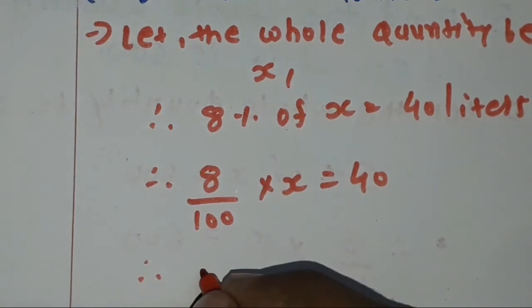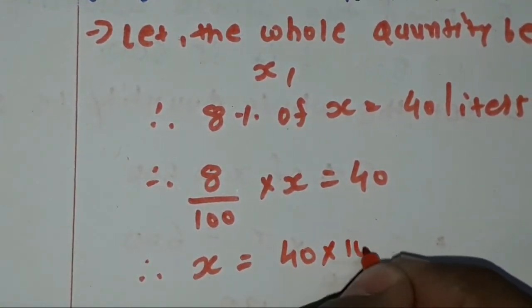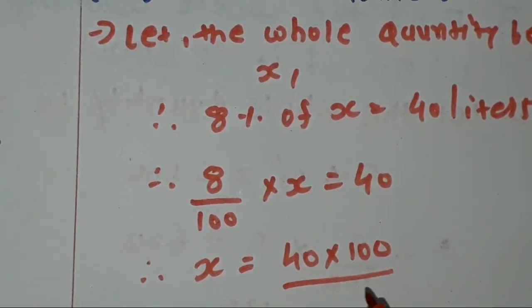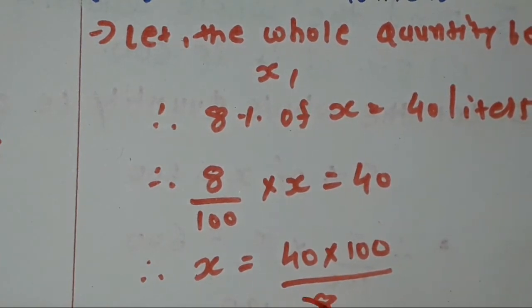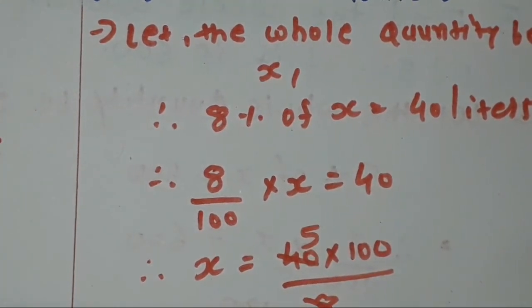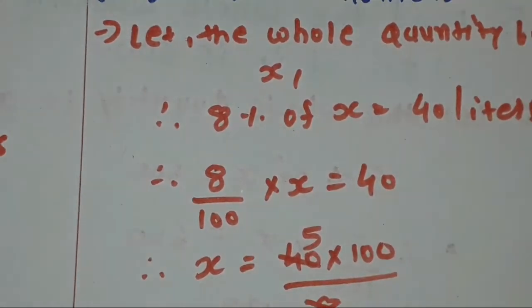So therefore x is equal to, now we know very well this thing because we are doing this particular fifth or sixth sum, 100 multiplied by 40 upon 8. Now we all know that 8 5s are 40. So therefore x is equal to 5 multiplied by 100. I'll get 500. So this 500 is what? This is the whole quantity.